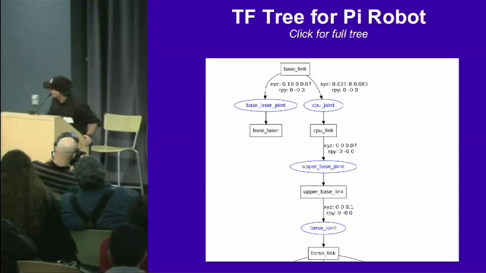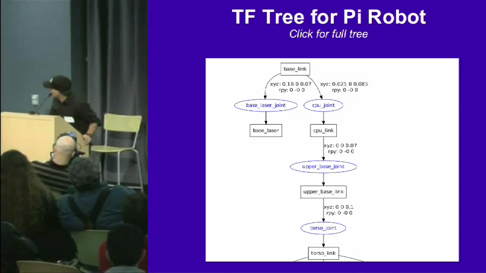And you can see here is the base laser joint, meaning the laser on the front of the robot. And we see that there's a link in between them showing that there's a displacement of 18 centimeters forward from the center of the base, and it's not rotated either way. And if you scroll down this tree, you get to see the whole shebang.